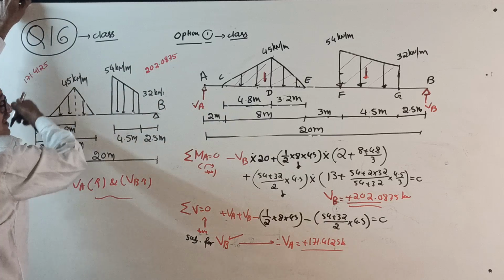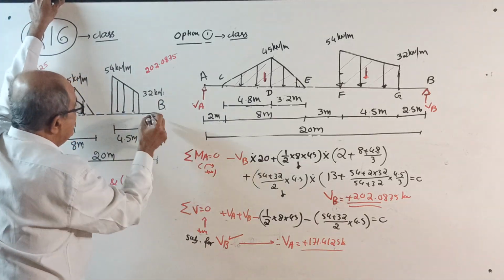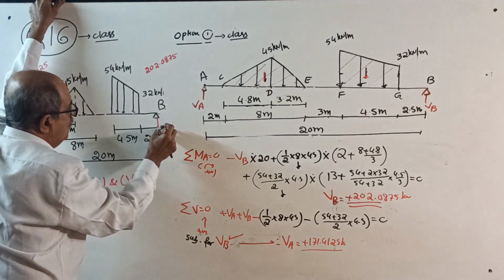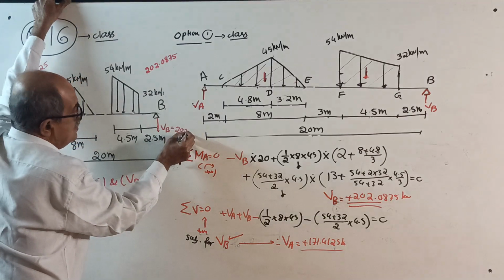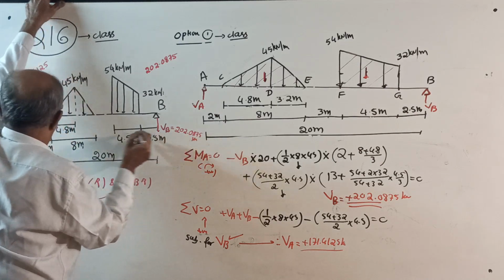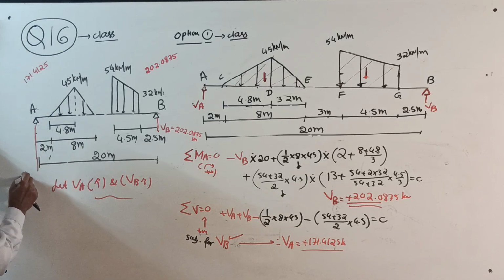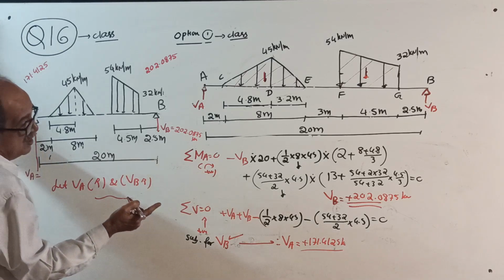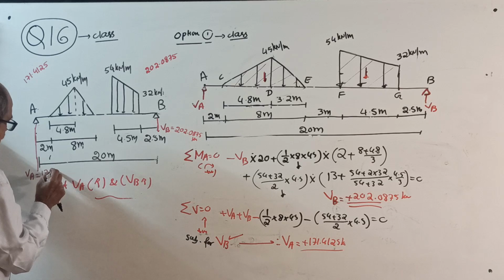Once again put the sketch. Do not write in the original sketch. This sketch, now write it. Right here, VB equal to 202.0875 kilonewton, and here VA equal to 171.4125 kilonewton.